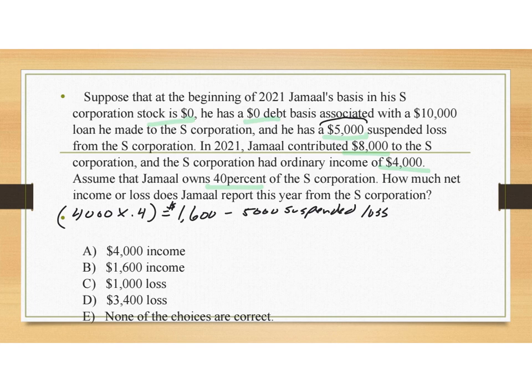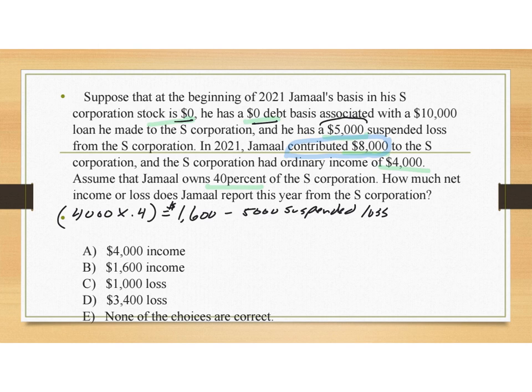His stock basis and his debt basis at the beginning of the year were 0. But remember that he contributed $8,000 during 2021, okay? So because he contributed this $8,000, he can deduct his suspended loss, okay?